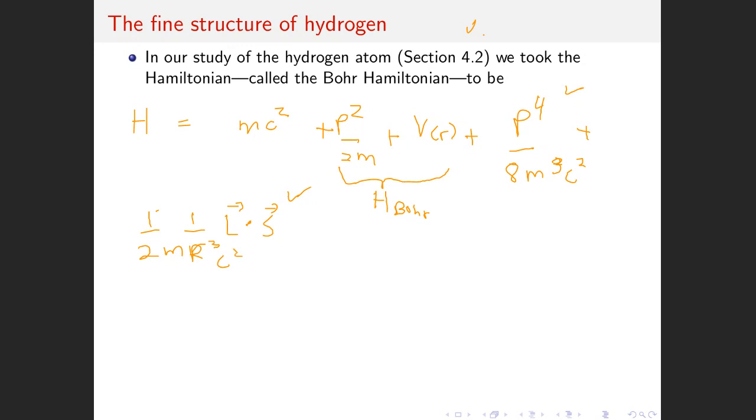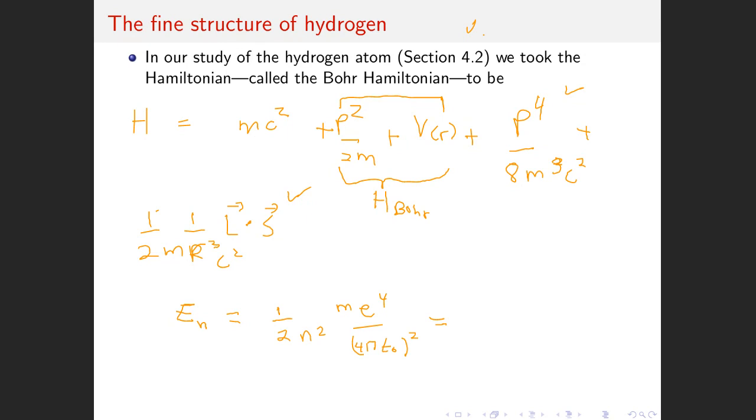Right. Now, when you solve the hydrogen atom, you found that this term here gave you what we call E n, which let's say was given by minus one half, over n squared, m e to the 4 over 4 pi epsilon naught squared, right?